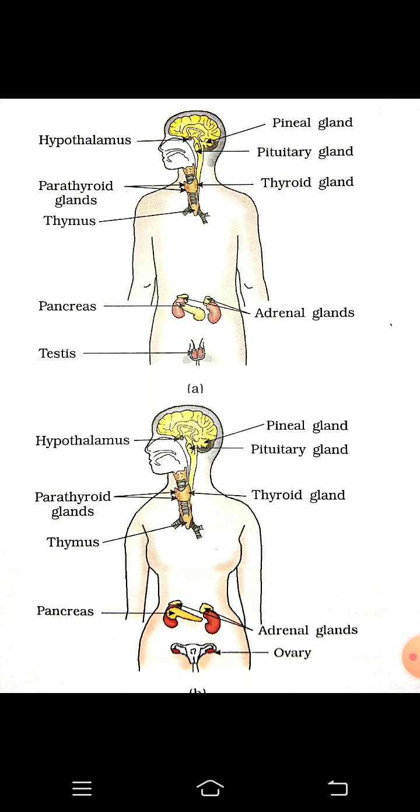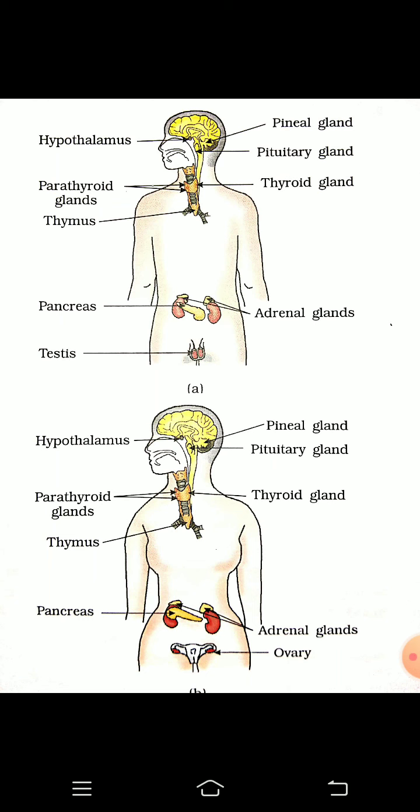So when there is deficiency of insulin, what happens? It does not control the sugar level. And if it does not control sugar level, the sugar level will keep on increasing and there will be more amount of sugar level in the blood, and that causes diabetes and a person becomes diabetic.